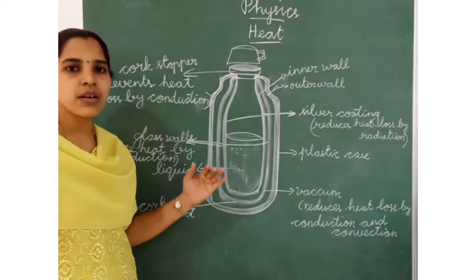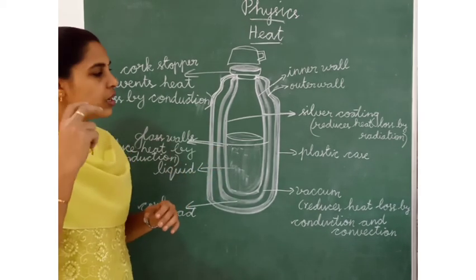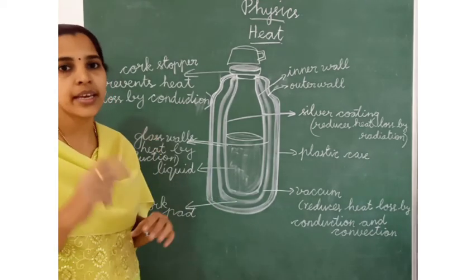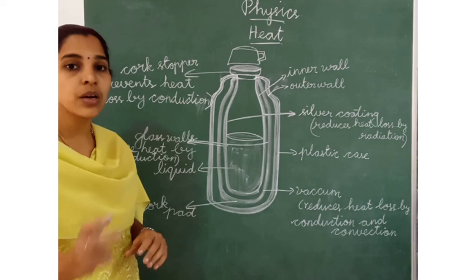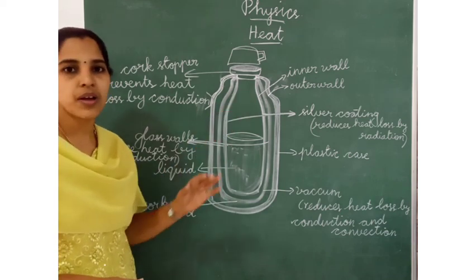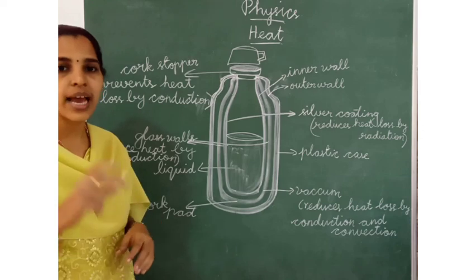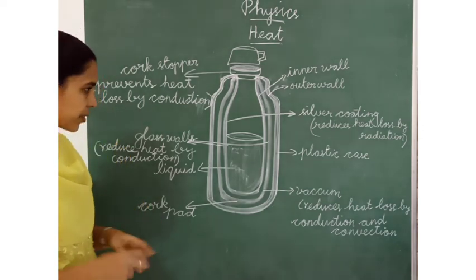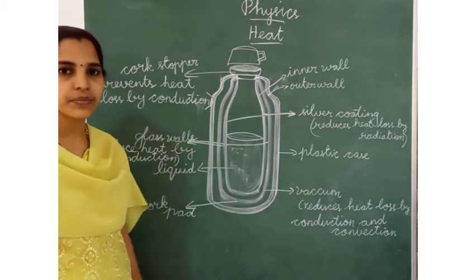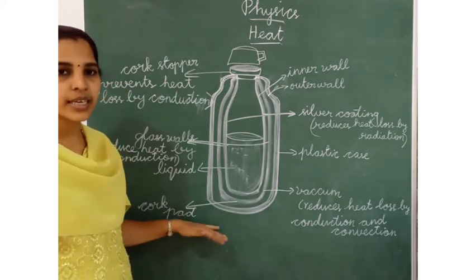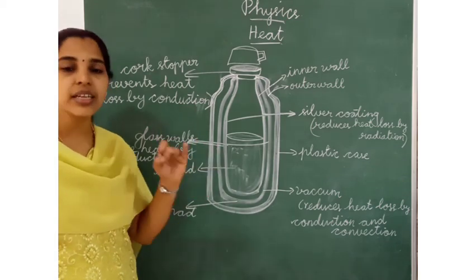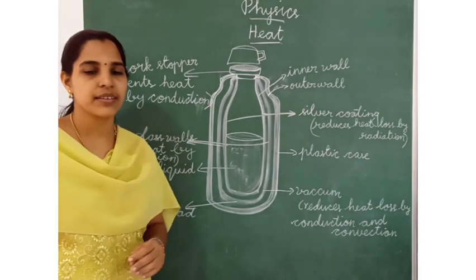The flask keeps hot water hot and cold water cold for a long period of time, so people use it to keep hot things and cold things. This is the flask. Have you understood this? This is the example of controlling conduction, convection and radiation.